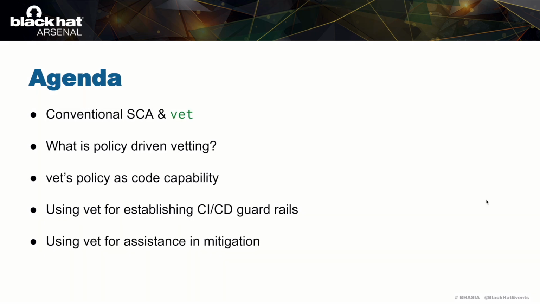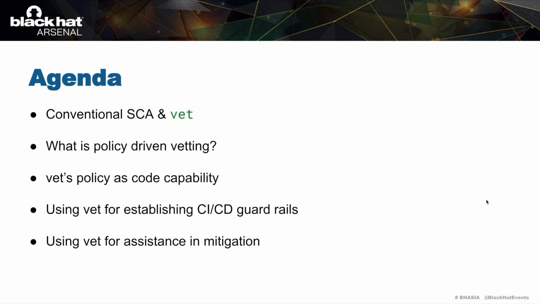This talk will be structured so that we first look at how VET is different from conventional SCA tools. Then we look at what policy driven vetting is, why we care about it, and why we consider it an important feature in VET. Then we will look at VET's policy as code layer, where as users you can define your policies and VET can identify and prevent risk based on the policy that you define.